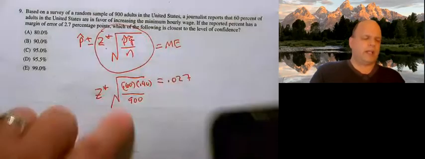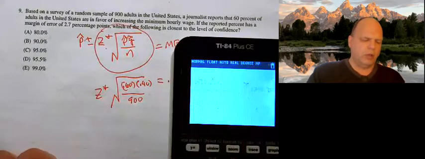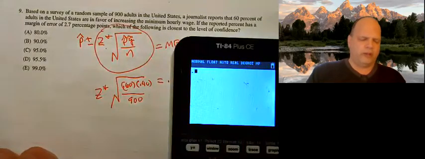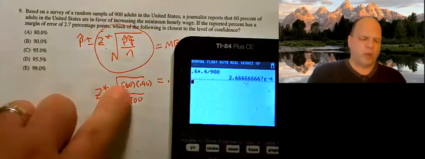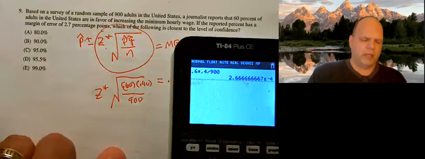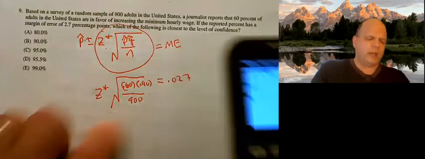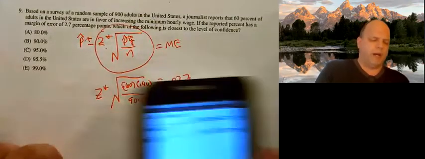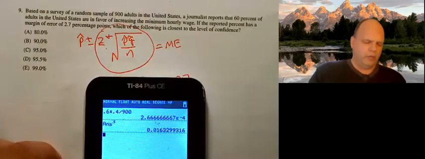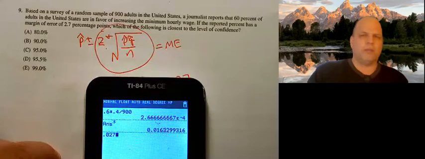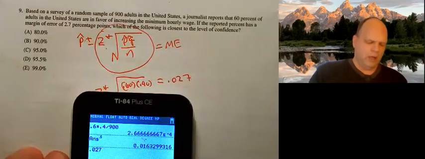So what we need to calculate is Z star. Let's calculate this part under the radical. 0.6 times 0.4 divided by 900, and I'm going to take the square root of that. And I get 0.01632. I'm going to take the 0.027 and divide it by what we just calculated.